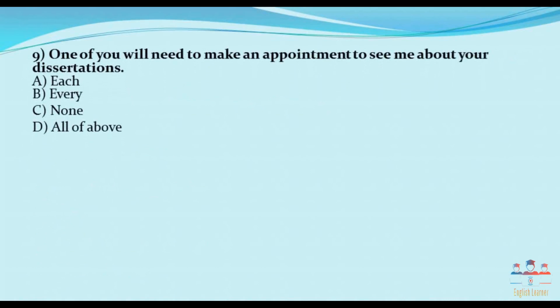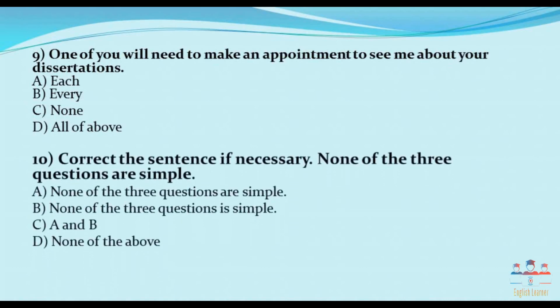Number 9. "One of you will need to make an appointment to see me about your dissertations." Option A is each. Option B is every. Option C is none. Option D is all of the above. And the last one is, correct the sentence if necessary.